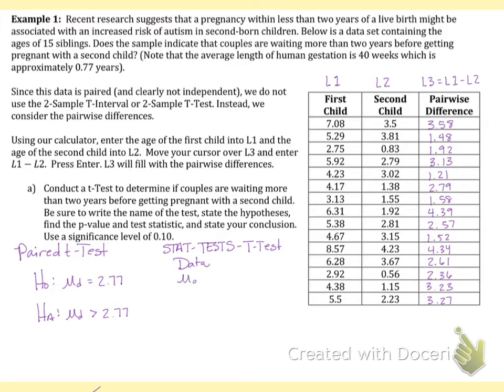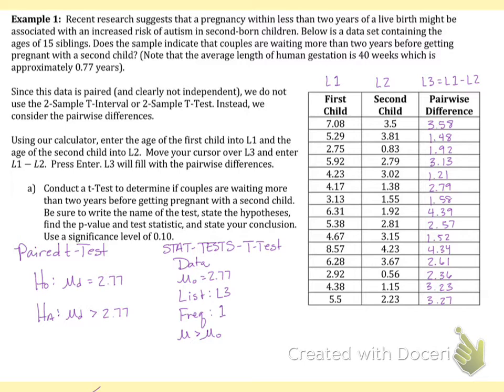Our mu sub 0 is 2.77, and now for list, we're gonna have L3. Frequency is always 1. I forgot the R there. And we are looking to see if mu sub d is greater than that 2.77. So this is going to say mu is greater than mu sub naught.